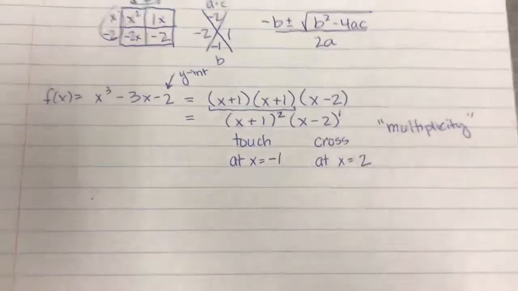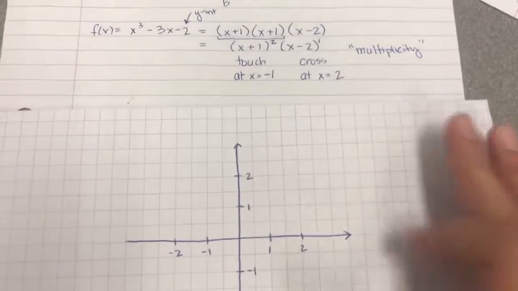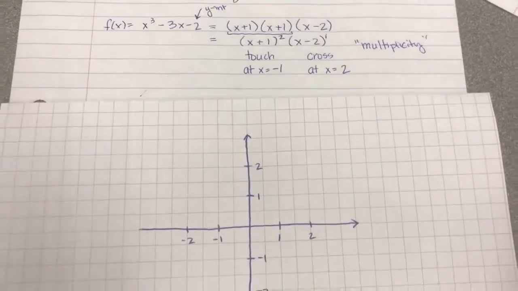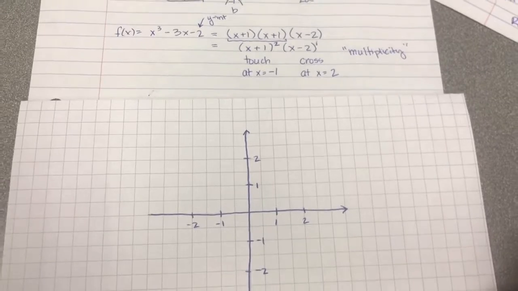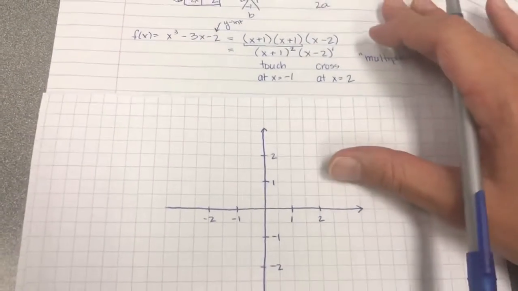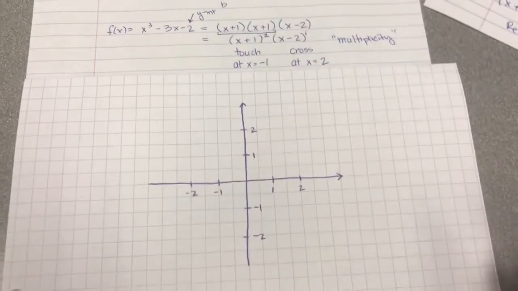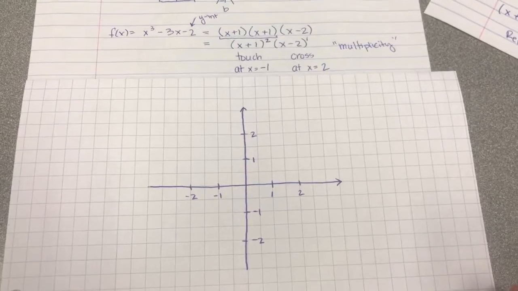So now that I've got all this information, I can grab a graph and I can graph these things. And again, I'm going to make little notes to myself so I can graph it as accurately as possible. These pictures are to give us good information, especially when word problems are involved.